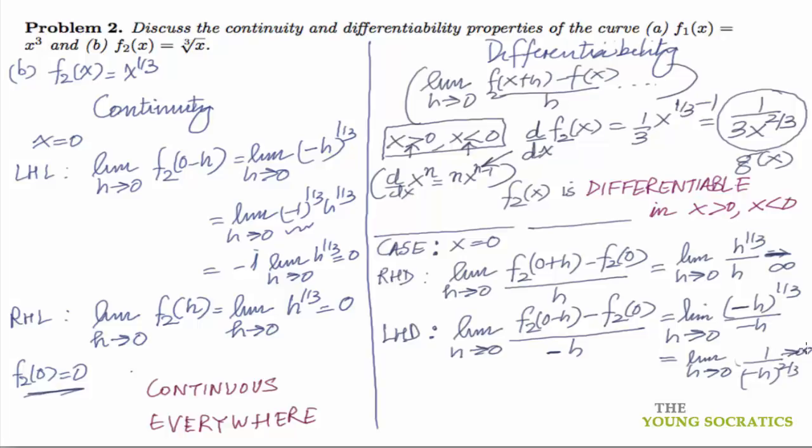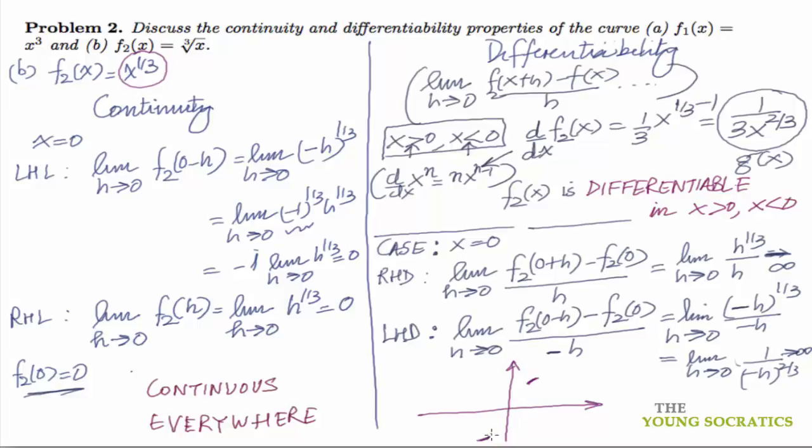So both the right hand derivative and left hand derivative are infinity, which means what must be happening for this function at x equal to 0. We already see that for negative values, this function takes negative values, so the function would be somewhere here, and for positive values, the function takes positive values, so the function would be somewhere here.